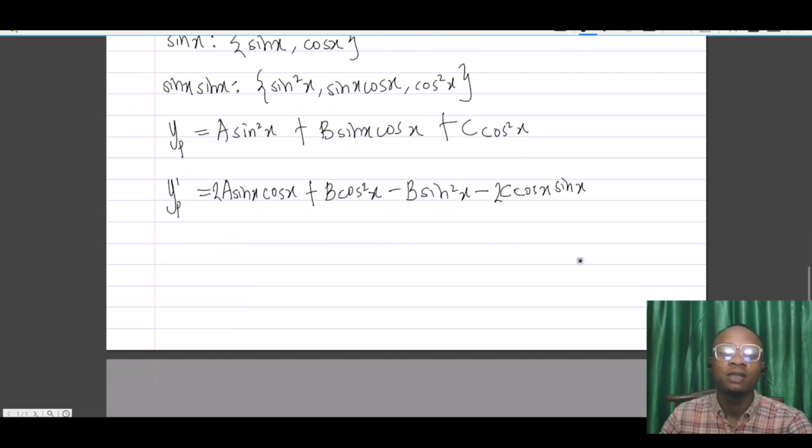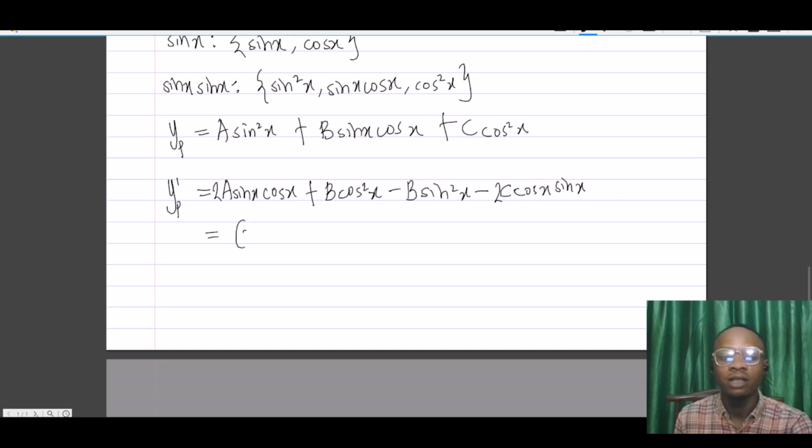Okay, so that's what the derivative is for this expression. Do we have any like terms to put together? No, this is cos squared x, this is sine squared x, this is cos x sine x. Okay, this is cos x sine x as well. So I think we can put those two together. This is sine x cos x, sine x cos x.